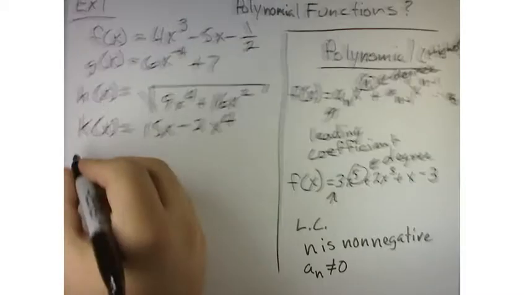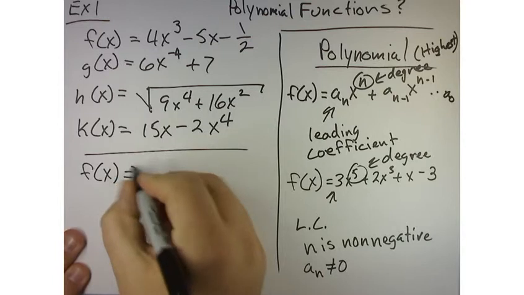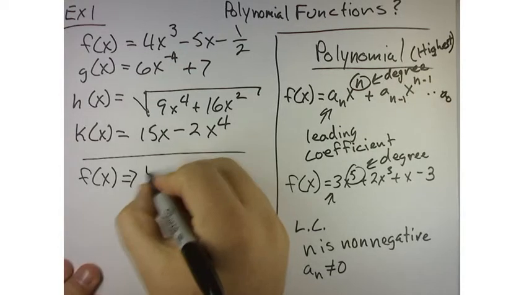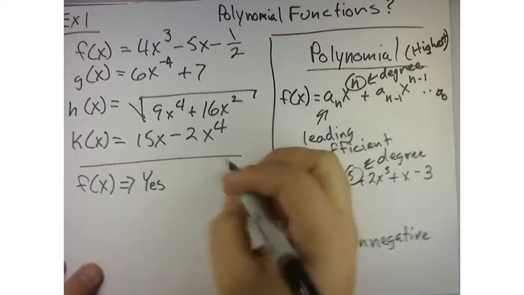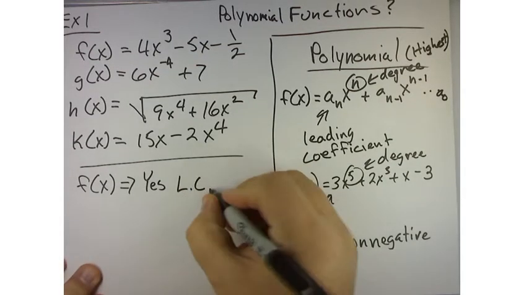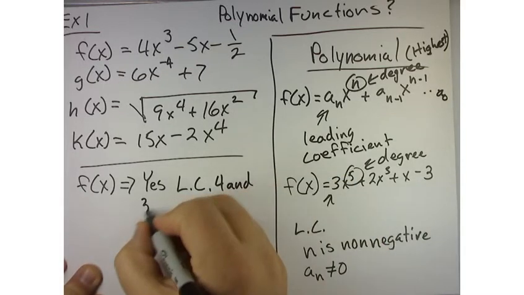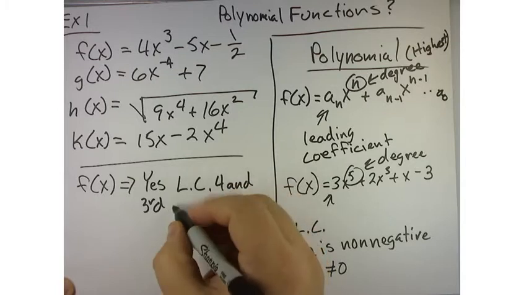So now let's look at this. When you look at f of x, is that a polynomial? Yes. The leading coefficient is 4, and it's a third degree polynomial because the highest power is to the third.